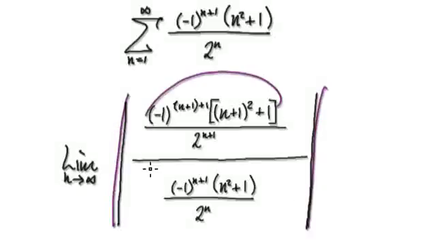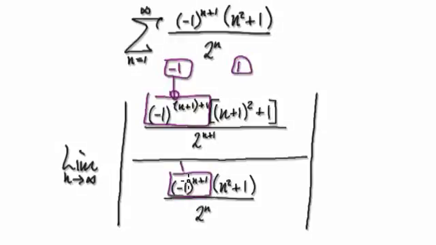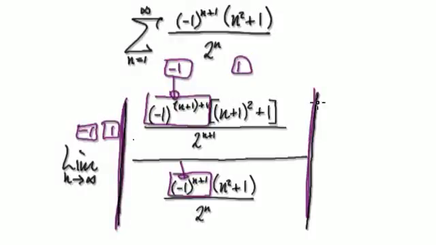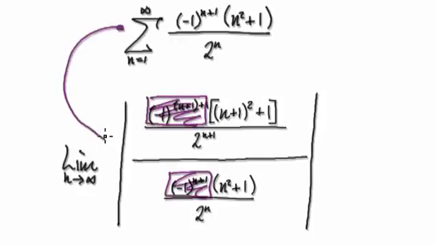Because we're taking the absolute value of the whole thing, this block here will either be a negative 1 or a 1, and this thing here will also be a negative 1 or a positive 1. Either way, it doesn't matter. We can just get rid of it because we're taking the absolute value here. So we can just discard this block, and this, and this. From here, that will then take us to here.